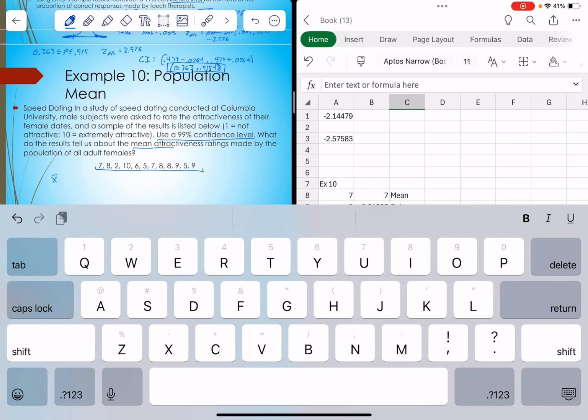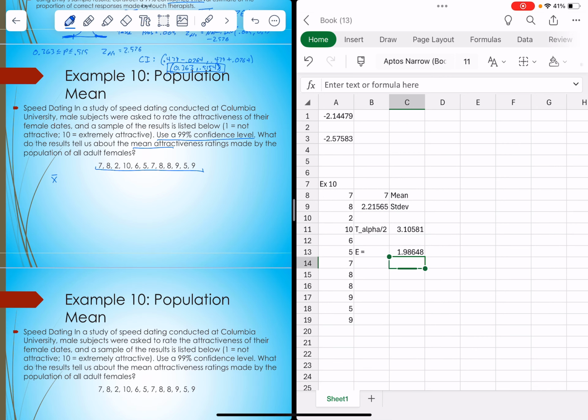And so I've got a mean of 7. Let me put in my upper and lower.